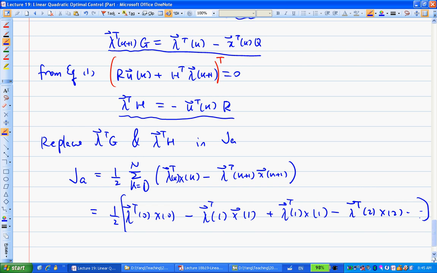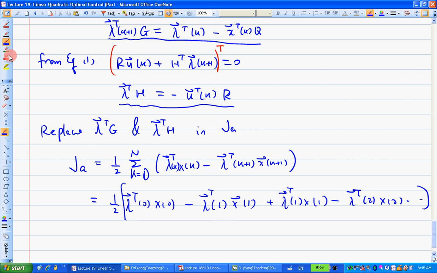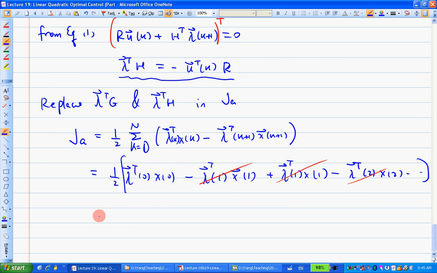And keep going. So basically, you can see the pattern: this and this will cancel, and this will cancel the next. In the end, you basically just end up with 1/2 lambda 0 x of 0 right here.